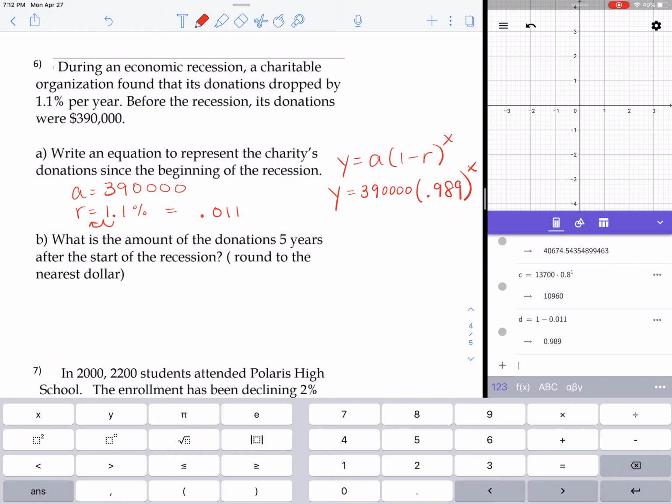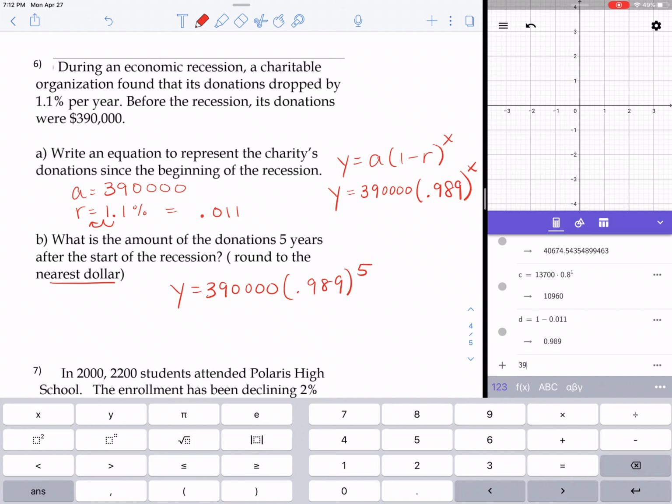What is the amount of the donations 5 years after the start? And this says round to the nearest dollar instead of cent. So 5 years is going to be the exponent. So I'm going to copy the equation down, and I'm going to put in 5 for the exponent.